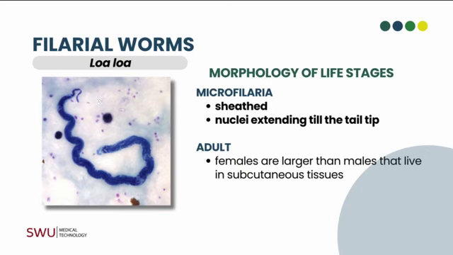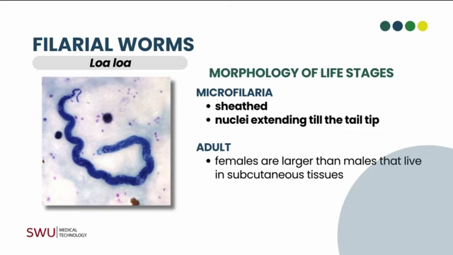In terms of the adults, the females, which are around 50 to 70 millimeters long by 0.5 millimeters wide, are generally larger than the males, which are only about 30 to 35 millimeters long by 0.3 millimeters wide. These adult parasites live in the subcutaneous tissues, which they can wander around, meaning they migrate.